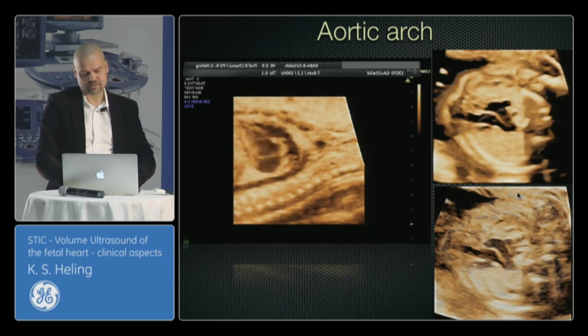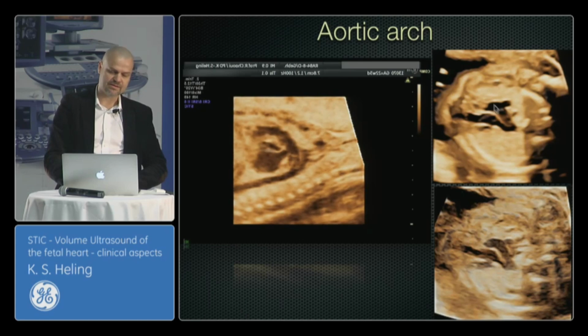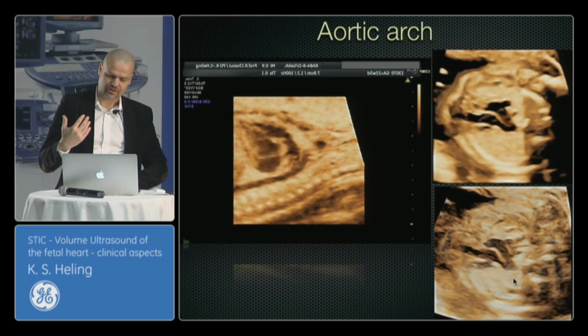We like the horizontal planes more, and you see both arches have the same diameter, using surface mode, using minimum mode with focus only on the fluid-filled organs, and you get information about the vessels. You see the diameter, it's very quick, and you can say if the arches are on the left or on the right side.